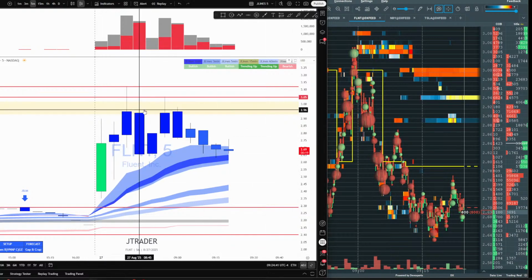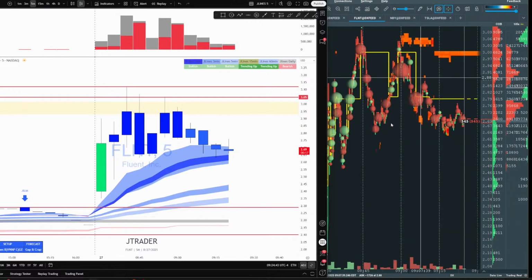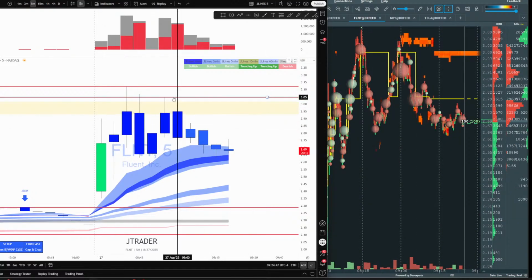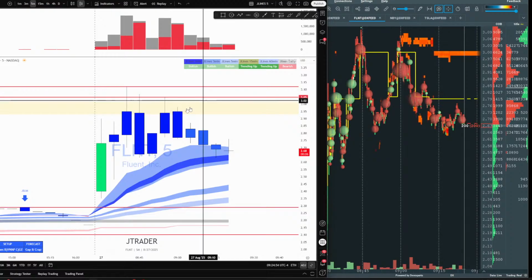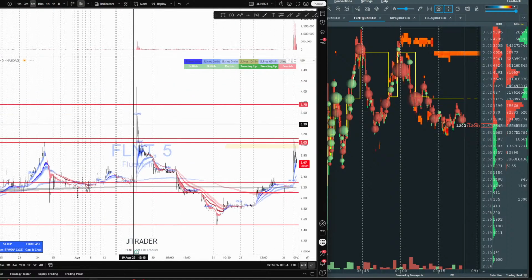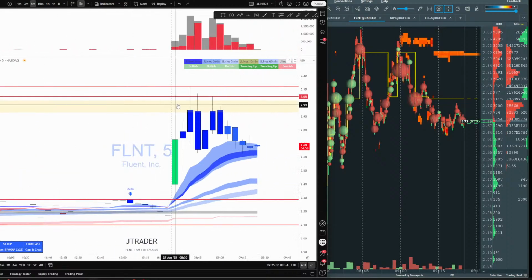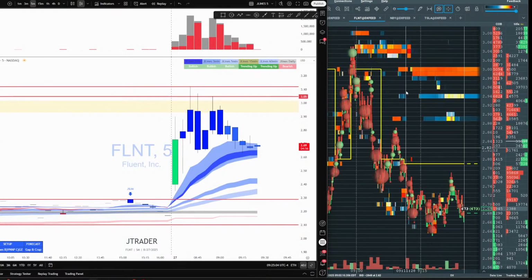So FLNT, as we said, for whoever just arrived this morning, we are short on this. We have short into the 3 area. Reason why: daily level. Also previously, the stock had a resistance over here, 305. Each time we get to 305, we see sellers.